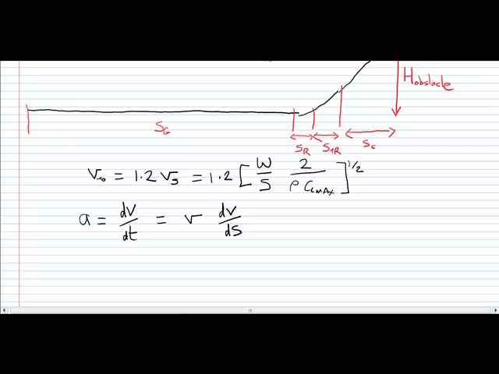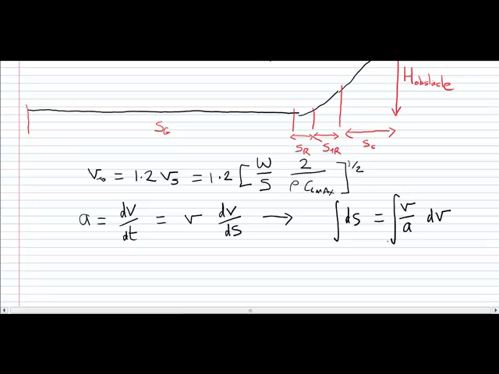I'm not going to go over that again. So from that we can do a little bit of rearranging to show that ds is equal to v upon a dv. And of course we can integrate both sides.